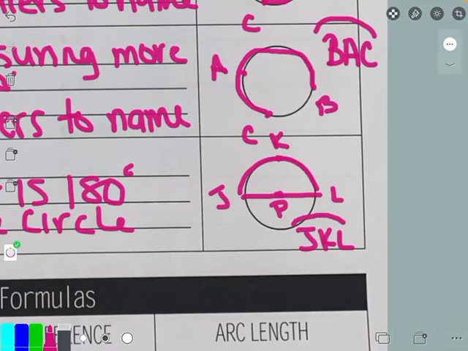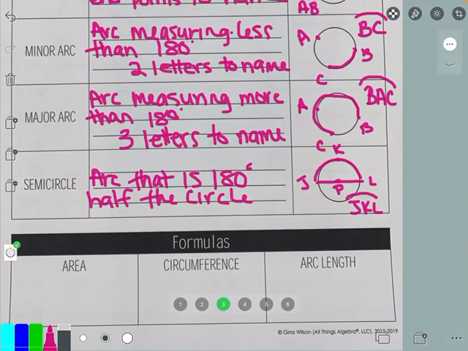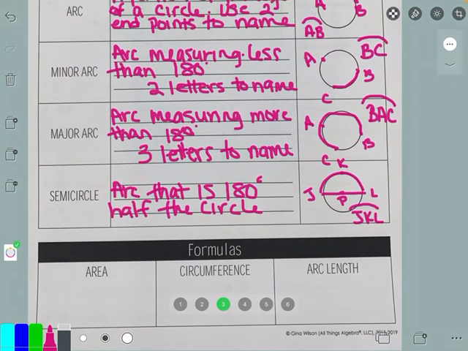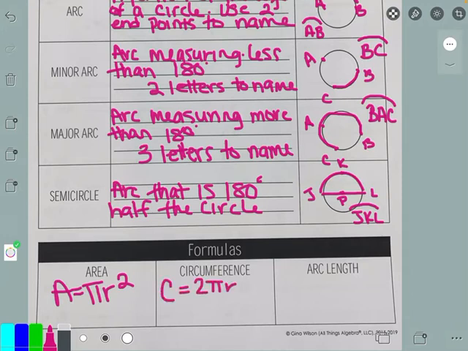Okay. Lastly, I want to give you 3 formulas, some of which should be familiar to you. Area of a circle is pi radius squared. Circumference is 2 times pi times radius, or diameter times pi, depending on what you're given.